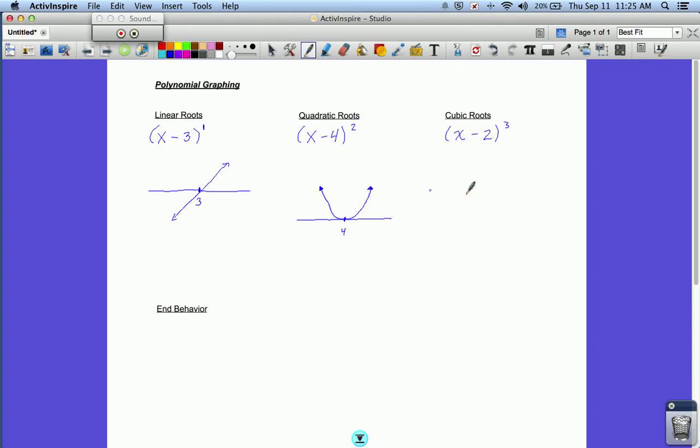Okay, and a cubic root, again, we all know what cubics look like. So if I go to an x-intercept of 2, a cubic is going to come up and approach 2, but not go straight through it, and not turn around, but go through it with a little bit of a turn, you know, like a hitchy poo, if you will, right? Kind of wiggle your way through there.